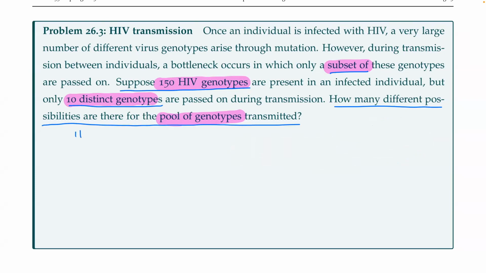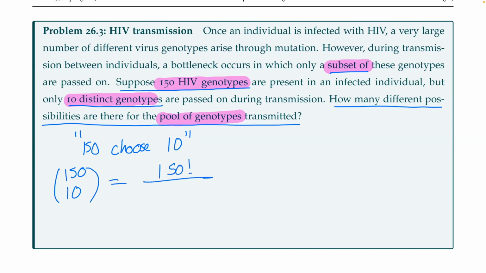So what is the phrase here? What choose what? 150 choose 10. See, it's nice and simple. So we write this as there are 150 choose 10 possibilities. We can do a bit of simplification here. There's 150 factorial over 10 factorial times 140 factorial, so it's 150 minus 10 factorial.